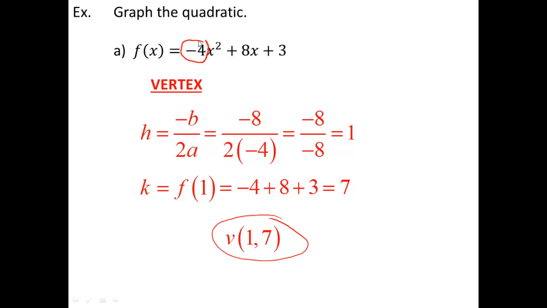That leading coefficient is going to tell me what to do after that vertex. First off, it's negative, so I know it's going to be opening down. And the fact that I have a 4 means I'm going to take that original odd number pattern, 1, 3, 5, 7, and I'm going to multiply the entire thing times 4 to figure out what my actual pattern is. So I'm going to start at the coordinate (1, 7). I'm going to open down following a pattern of 4, 12, 20, and I'm definitely not going to need much more after that.